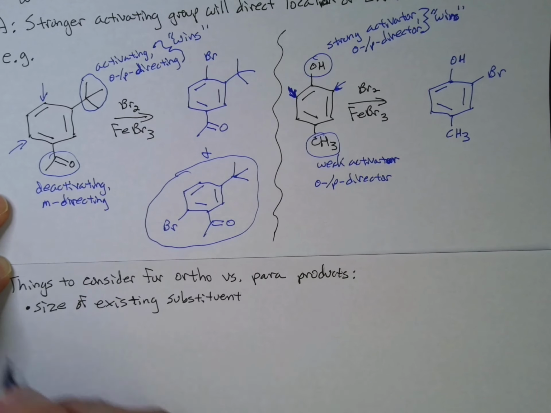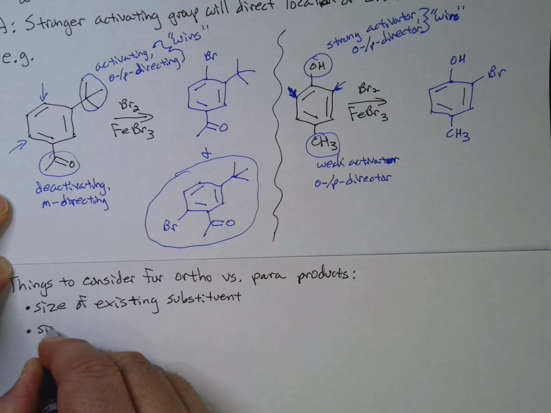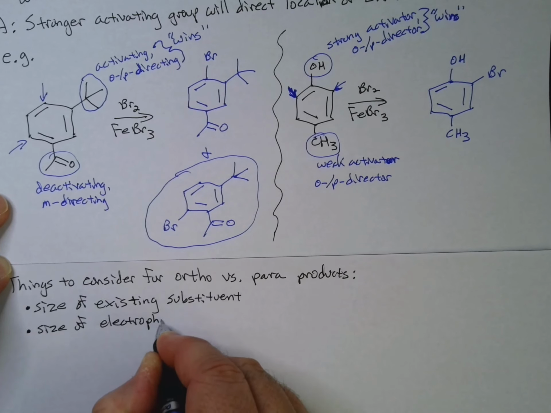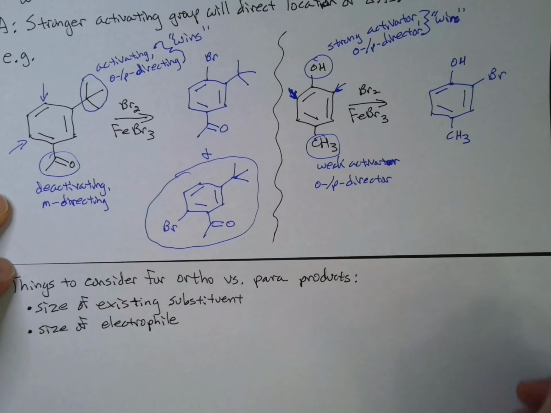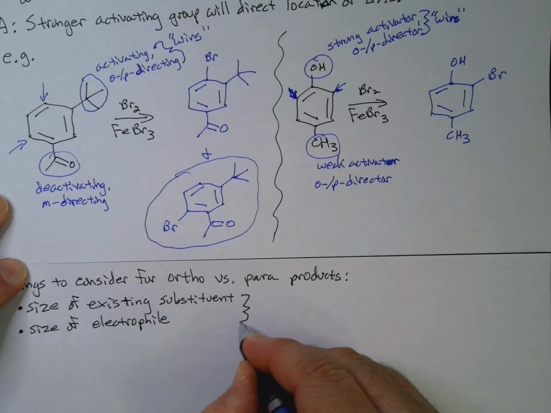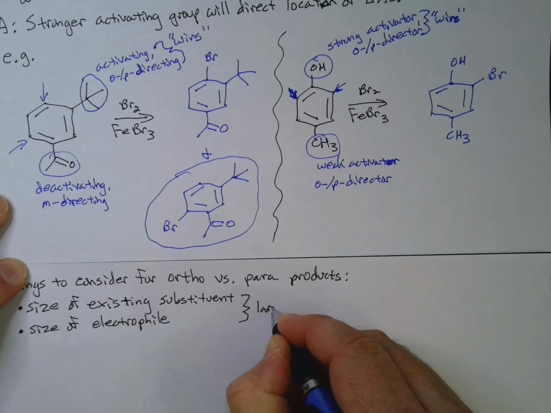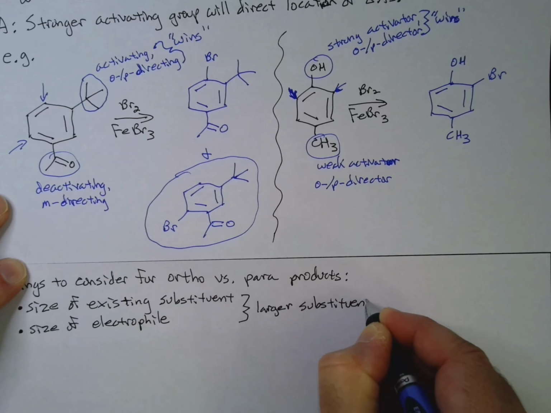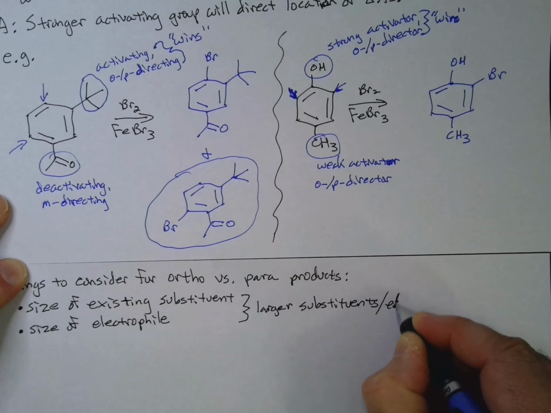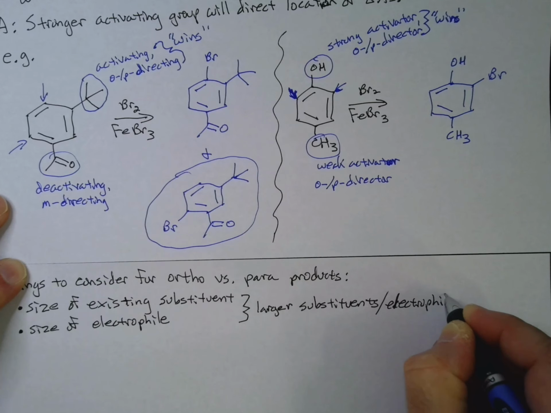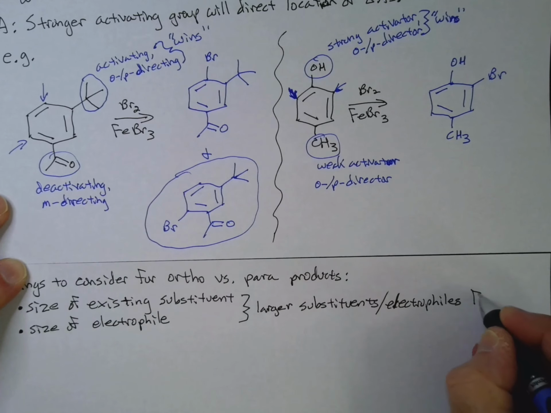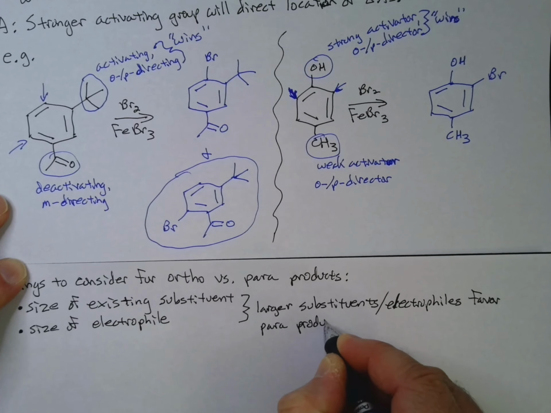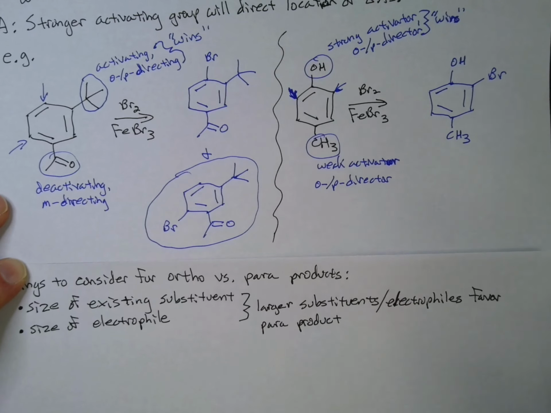And we also want to think of the size of the electrophile. And larger species, that is, larger substituents or electrophiles, are going to favor the para product. And that's simply for steric reasons.